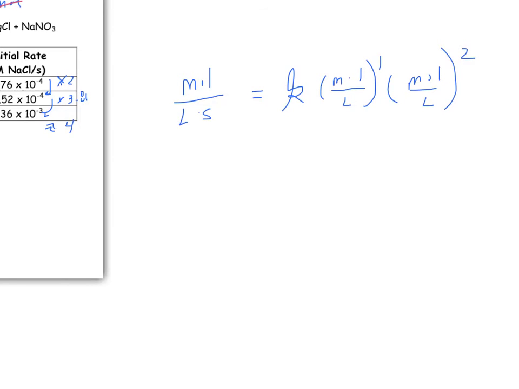I have to deal with my exponents first. Squaring this term would give me moles squared over liter squared, times moles per liter gives me moles cubed over liters cubed.